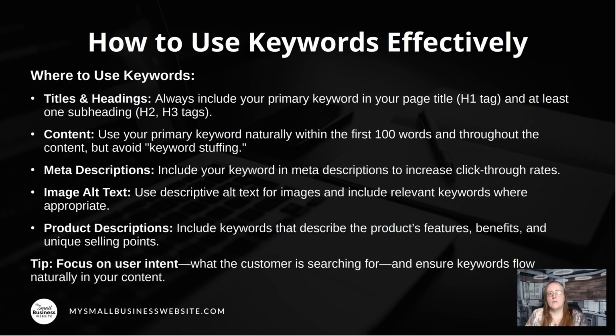For example, Nike shoes: if you just include those words and the content is not relevant to that topic, it's not going to help. The search engines know that you're trying to keyword stuff, or trying to target keywords that are irrelevant, and then it will punish you.